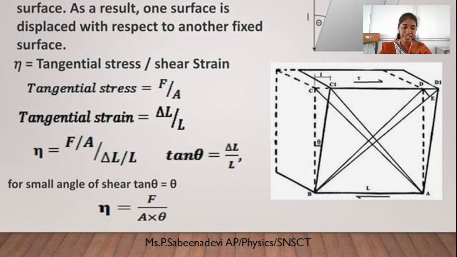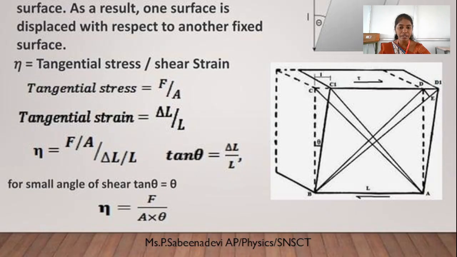Look at this diagram. It has length L and the stress applied in the tangential direction makes angle theta, and the deformation takes place from one surface to another surface. So C is transformed into C1 and D gets transformed into D1, right? This is the shearing strain, right?